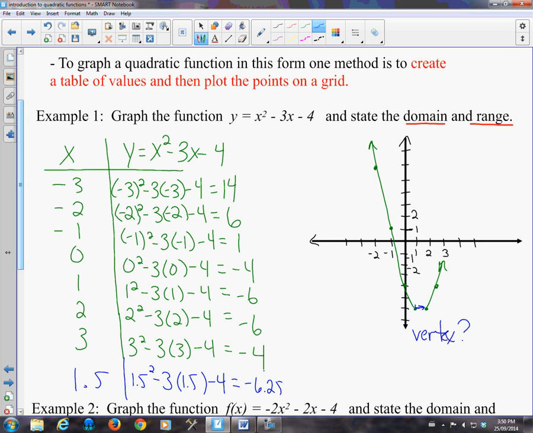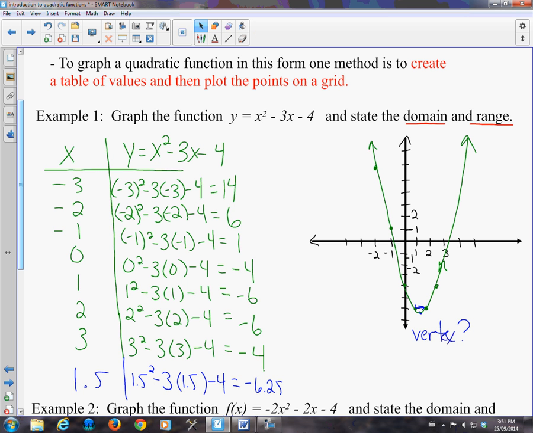So we're just a little bit lower. So I can draw the rest of my parabola. There we go.